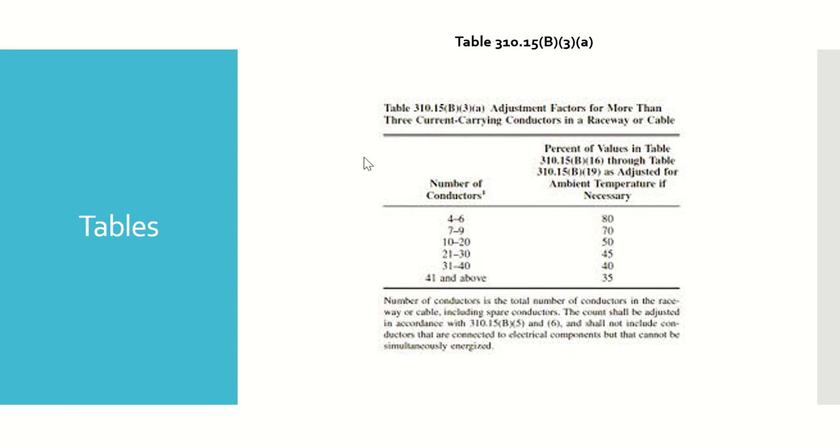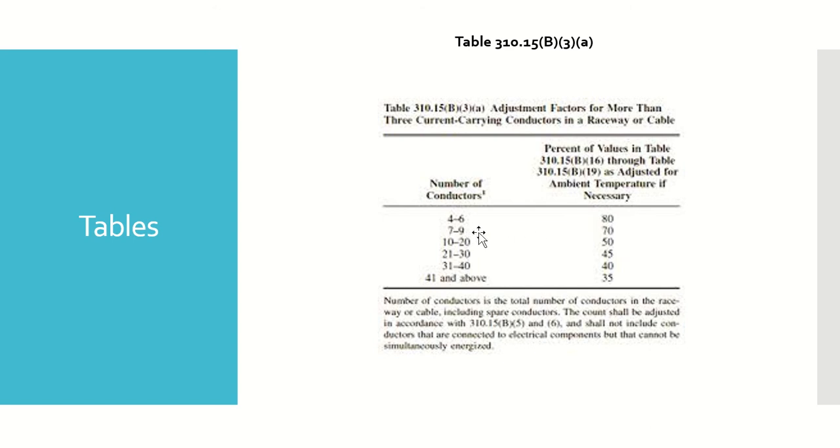This table here is if I have to make adjustments for more than 3 current carrying conductors in a pipe. Let's say I've got a couple networks. I've got 6 conductors, two networks inside of my pipe. I then have to derate that cable to 80%.